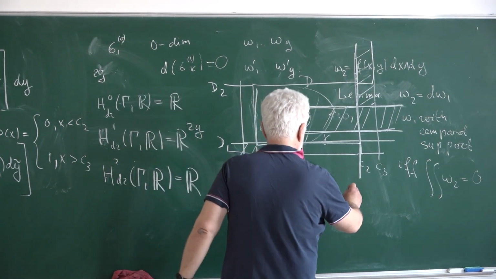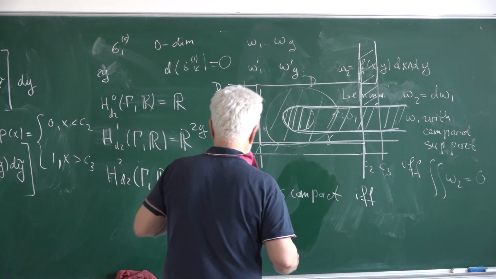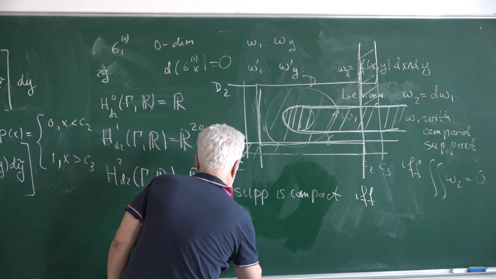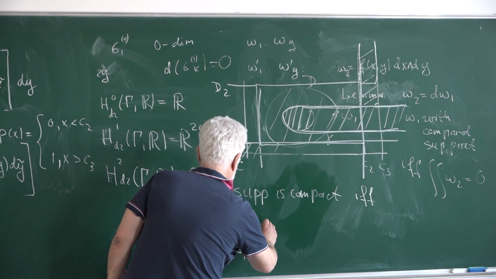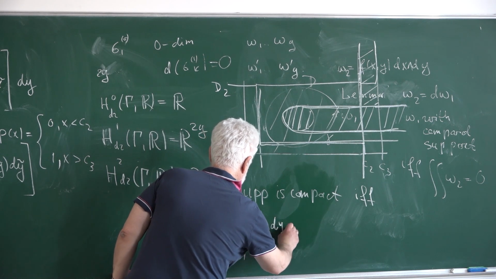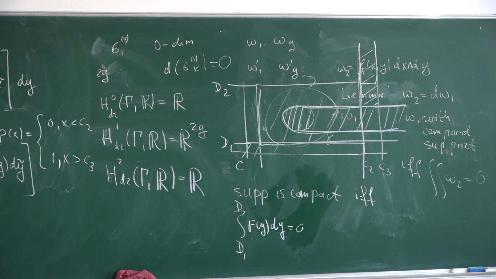Our conclusion is that if A1 by T2 is equal to 0, you see, this is a necessary and sufficient condition to obtain compact support in this construction.